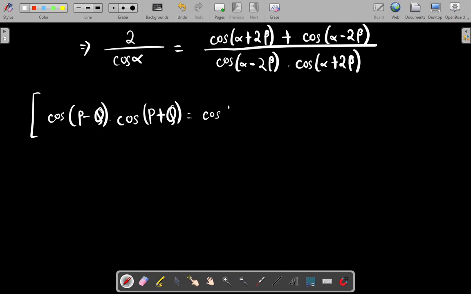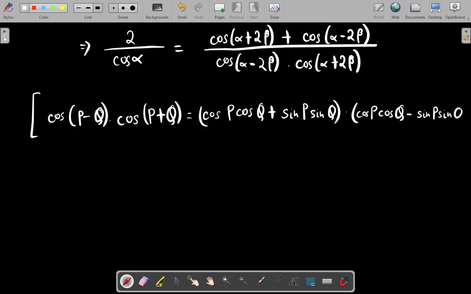This is (cos p cos q plus sin p sin q) and the second term is (cos p cos q minus sin p sin q). So this is of the form (a plus b) times (a minus b), which is a square minus b square. Now a is cos p cos q, so this is cos square p cos square q minus sin square p sin square q.